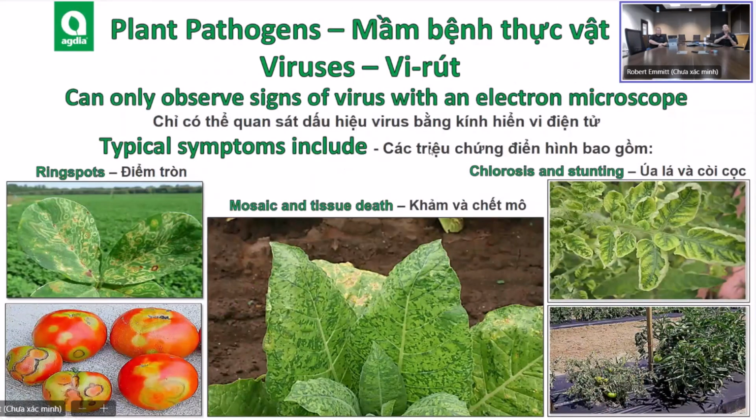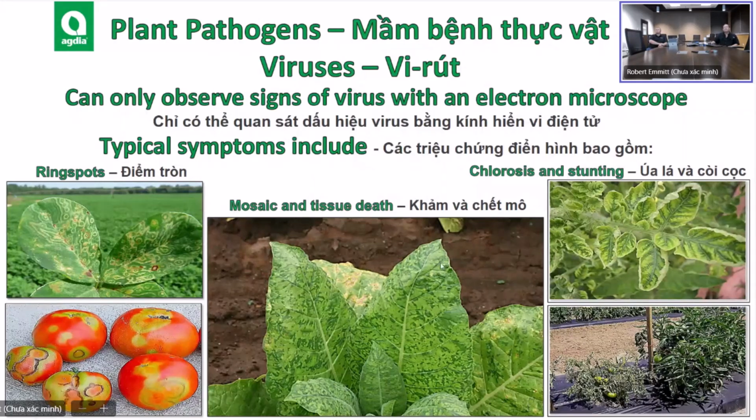So typical symptoms of viruses, and one thing we need to understand is that with viruses you can't see the signs of a virus. Remember, we talked about signs and symptoms. You need an electron microscope to see the signs of a virus.